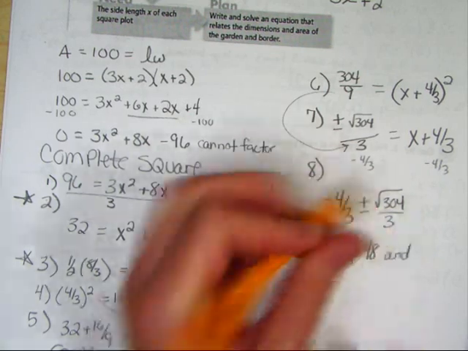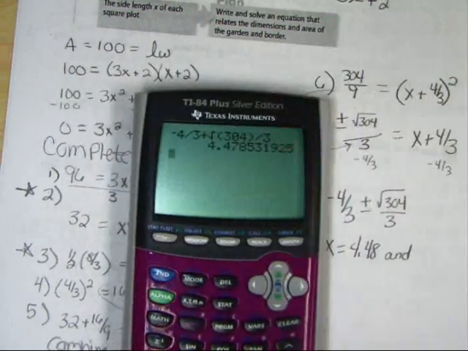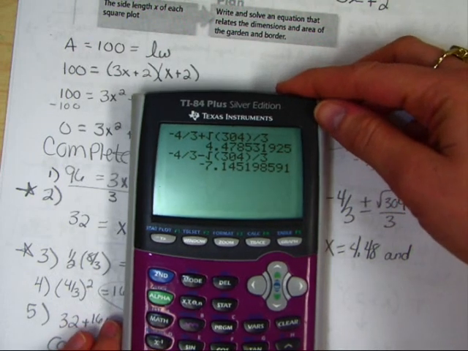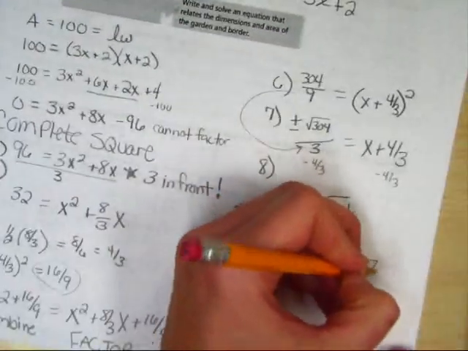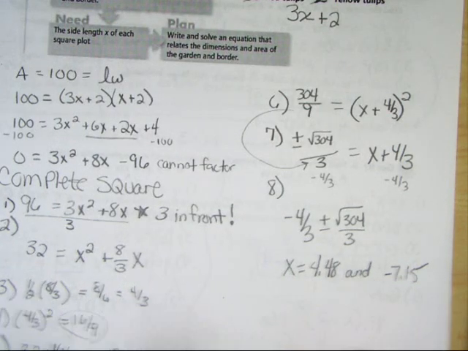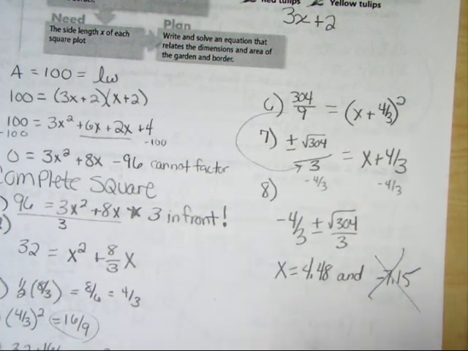And negative 4 over 3 minus the square root of 304 over 3 is negative 7.15. Now which one of these does not make sense for the box? The negative, right? Because the box can't be negative. You can't have a negative length. So it asked us what the side length of each box was, and we have our answer of 4.48.